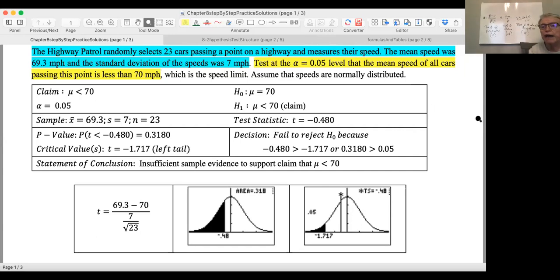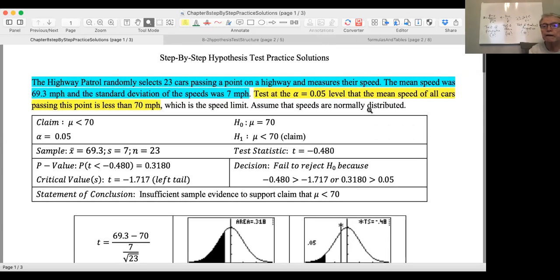So we have the mean speed in the sample was 69.3. So we have x bar. Standard deviation was 7. So we have 7. And it said early on that we had 23 cars. So n is 23.